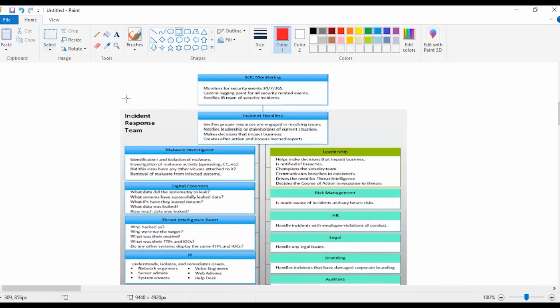So the first thing which we are going to talk about is the incident response team. Whatever network monitoring they do, they are going to respond to it. So these are the security teams. Different types of SOC, security operation center monitoring. They do 24/7 monitoring of the network.